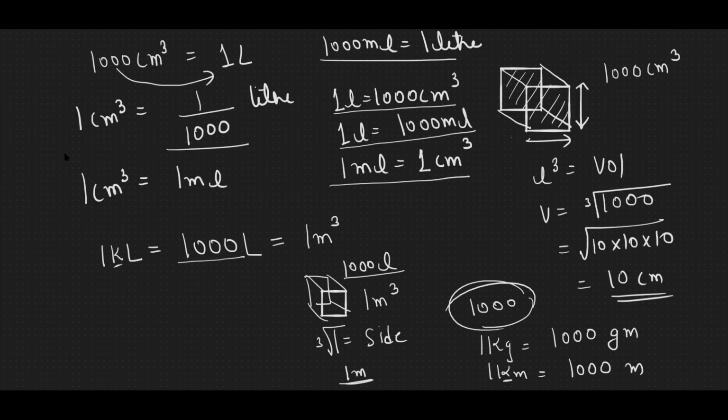Now 1 kiloliter equals 1000 liters or 1 meter cube. One important thing here, children.